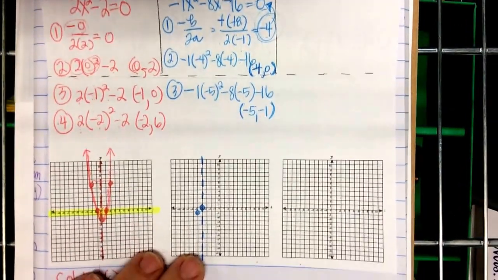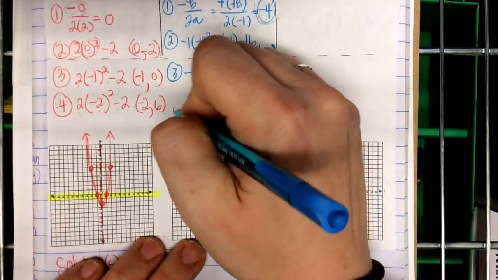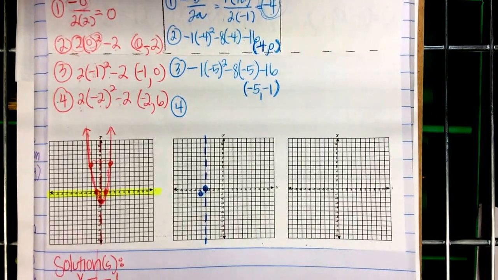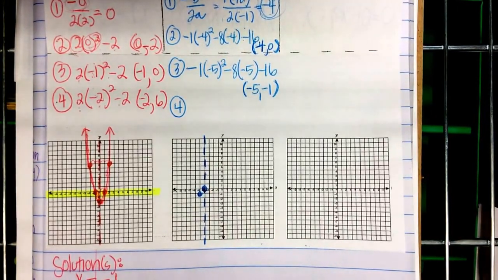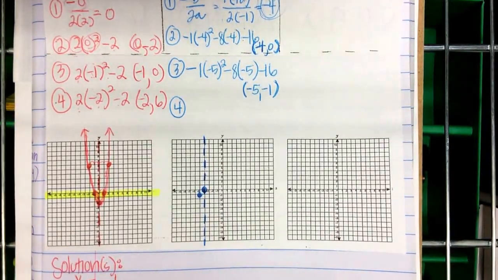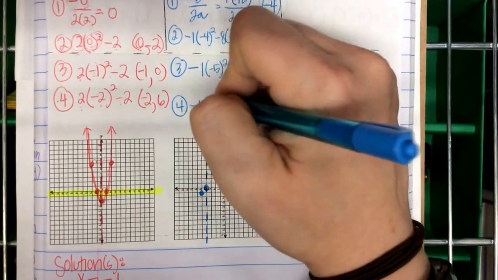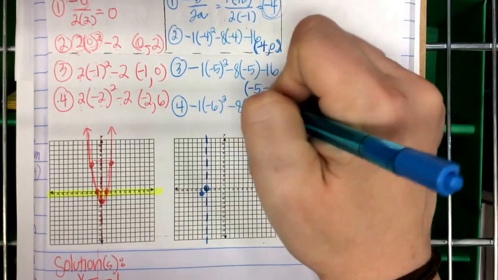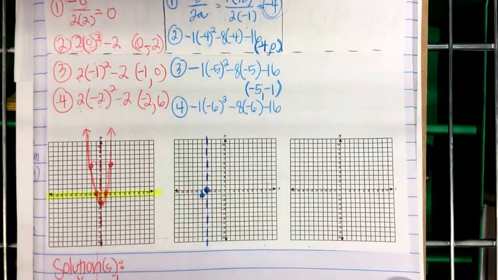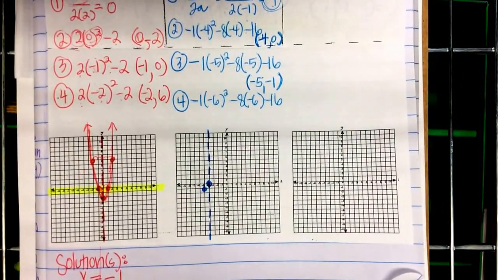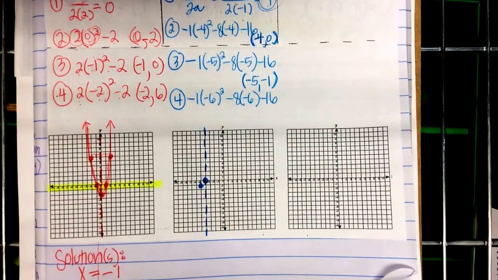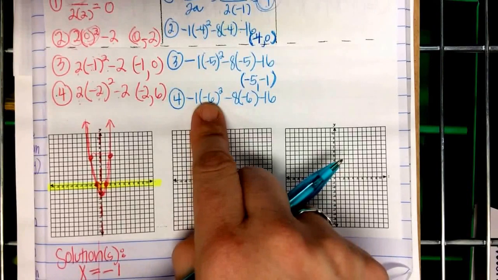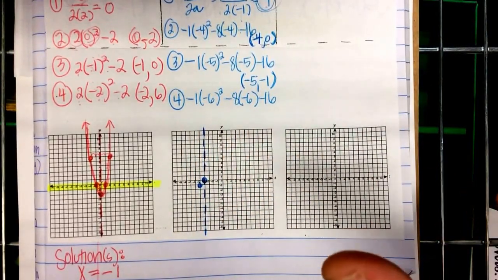Am I done yet? I substitute one more time. I chose negative 5, so the next number I'm going to choose is negative 6. Because you're using a negative value, it's very important to substitute using parentheses.